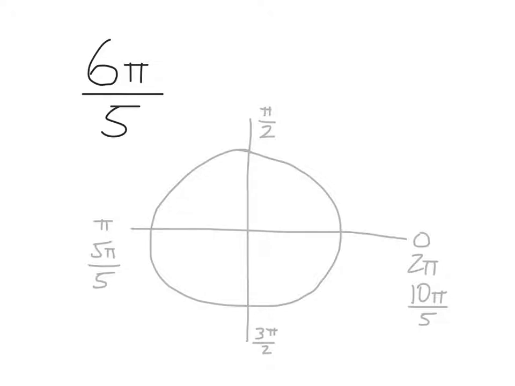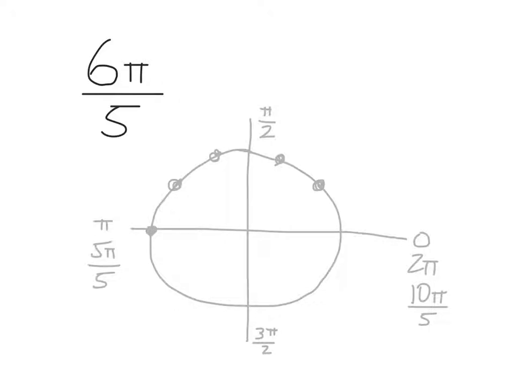So thinking about my fractions, I know 2 of my parts will be to the right, 2 of my parts will be to the left, and then the last part will be split in half between the first and second quadrants. So here we go, we got 1/5, 2/5, 3/5, 4/5, 5/5, or pi, half a revolution.